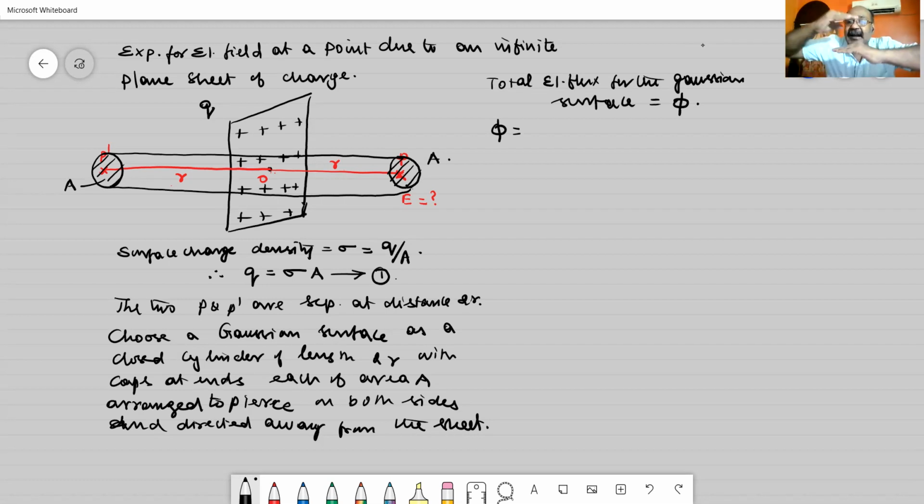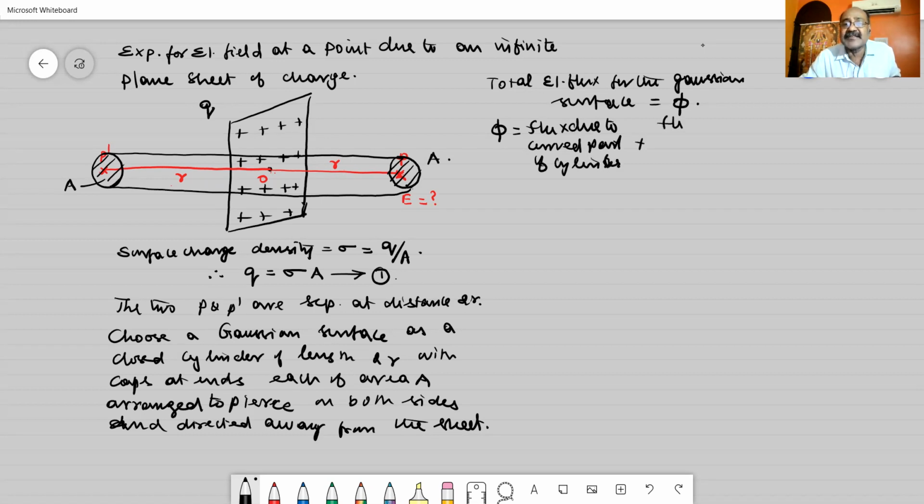One is the cylindrical part and the other is the two closed end caps. So flux is equal to flux due to the curved part of the cylinder, plus flux due to the end caps of the cylinder.